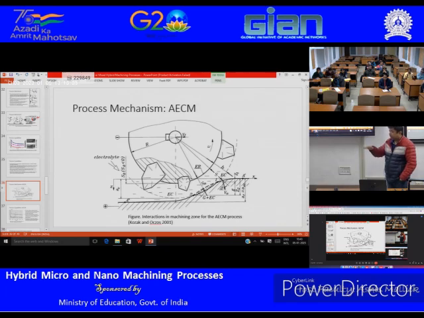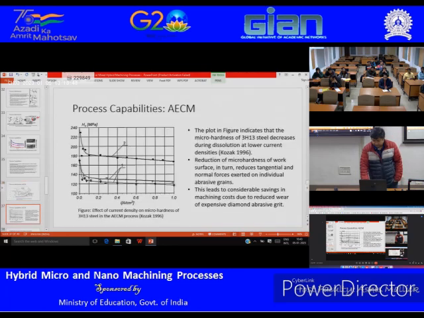Then the final dimension will be determined by how much the abrasives are protruding. But in terms of dimensional accuracy, this process will be a little bit difficult to control because of the ECM process.